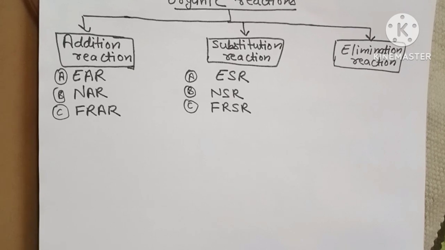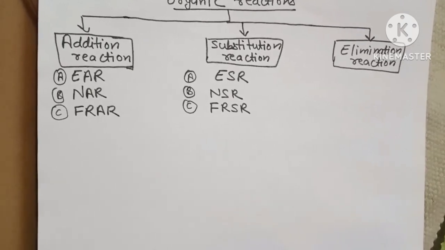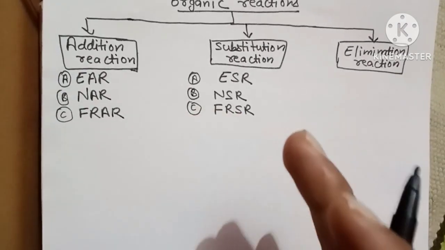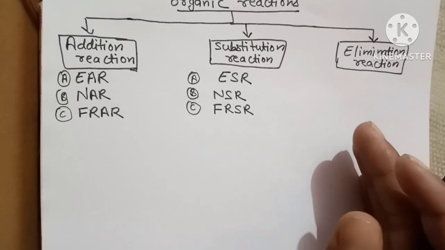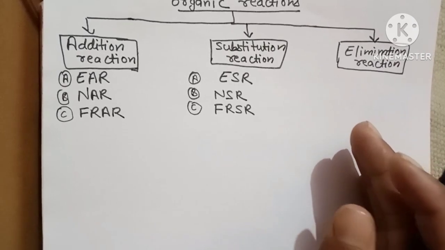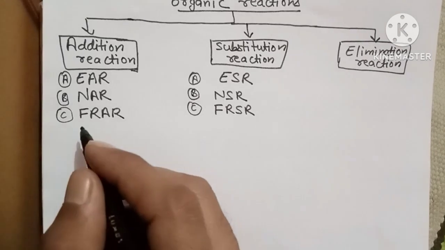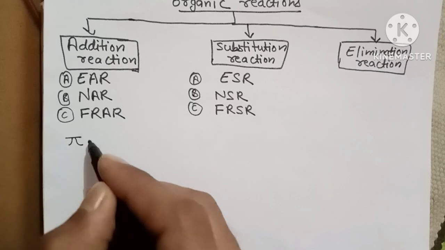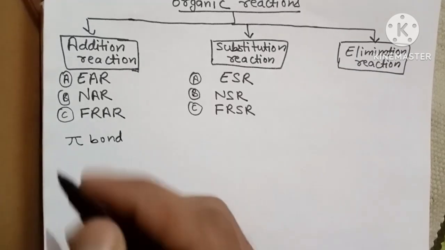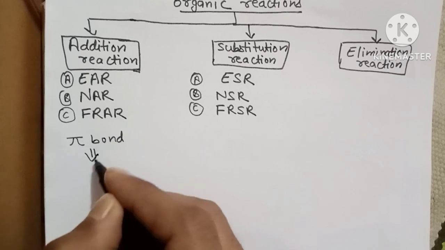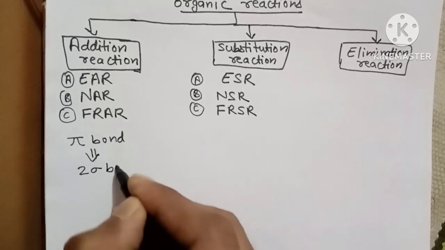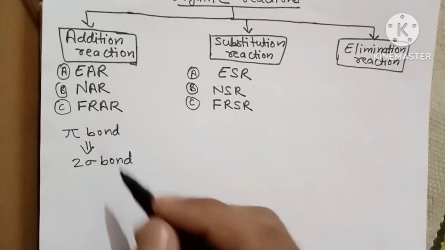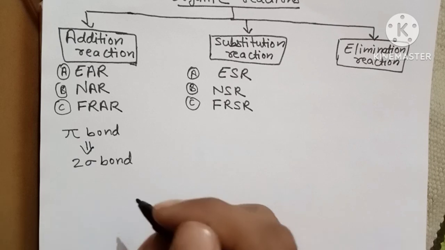Now firstly we have to see what happens in addition reaction, what happens in substitution reaction, and what happens in elimination reaction. So we see that in addition reaction the pi bond gets converted into two sigma bonds. It is necessary to know that the pi bond breaks into two sigma bonds.